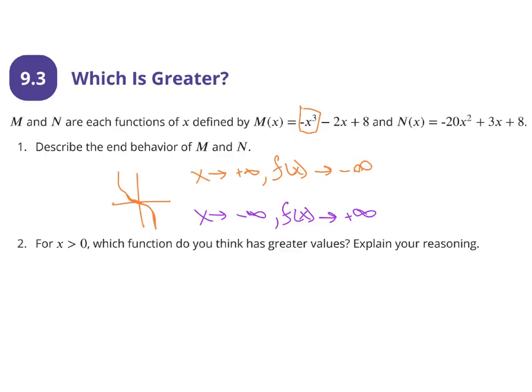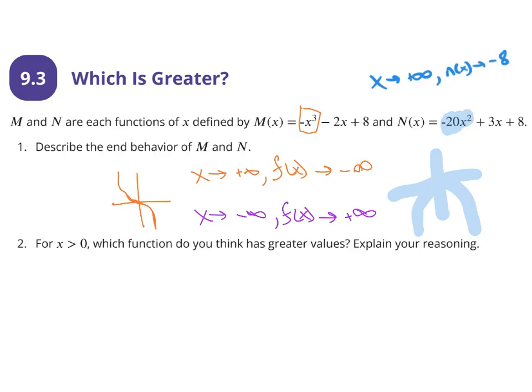Okay, so n has a negative x even leading term. So if we were to draw this, it will look like that. So going down. So for the end behavior for n, I'm going to put this above in blue. As x goes to positive infinity, n of x goes to negative infinity.